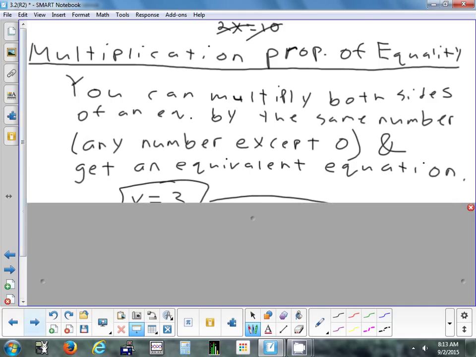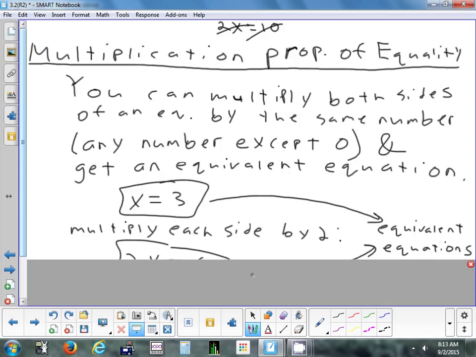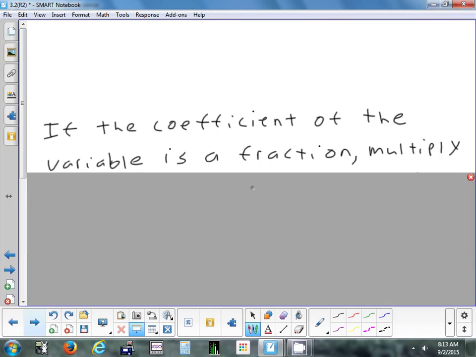All right, so let's go to this. Okay, if you have a fraction as a coefficient, okay? What's a coefficient? Remember talking about that a little bit last week, I think Friday.